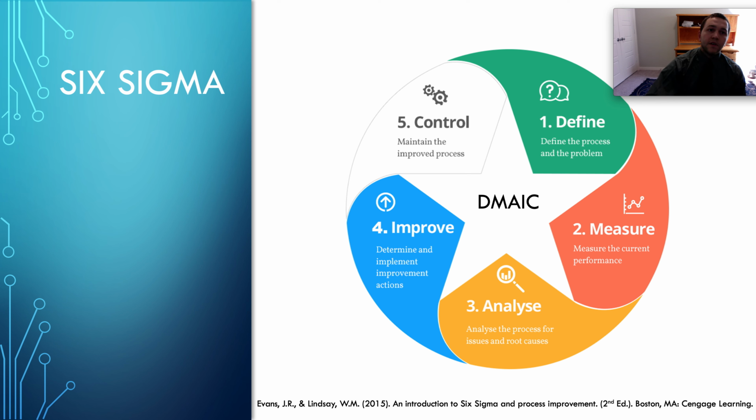So let's talk a little bit about Six Sigma. We have the DMAIC acronym that we're going to use here. We're going to define the process and the problem, which I've already done. We're going to measure. I'm going to get a little bit into that using the lean tools on the next slide here.